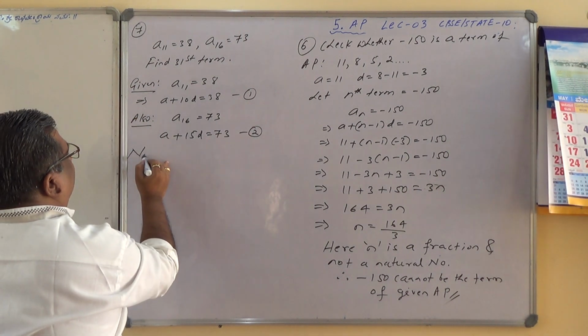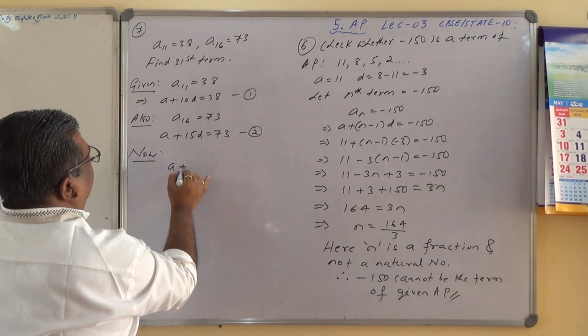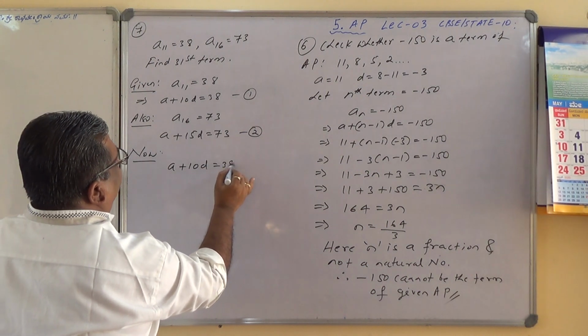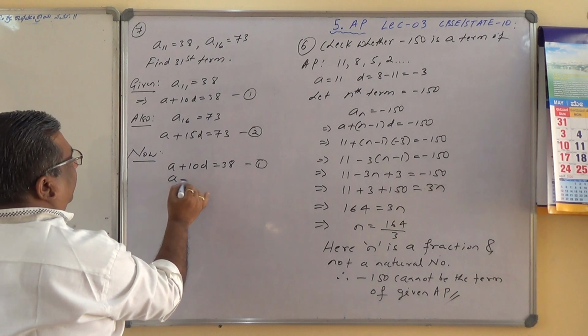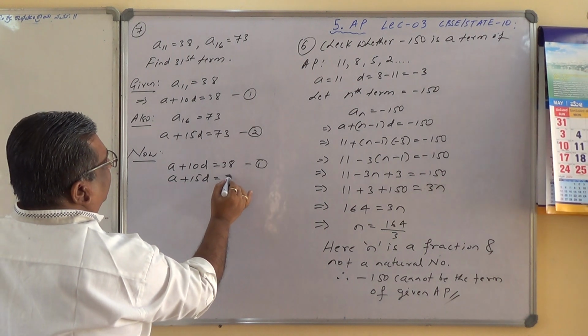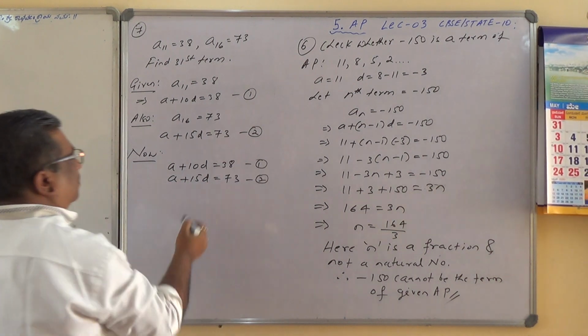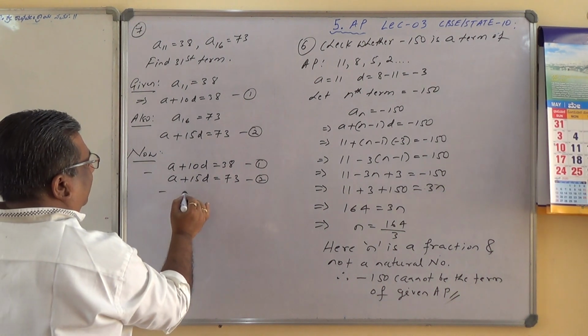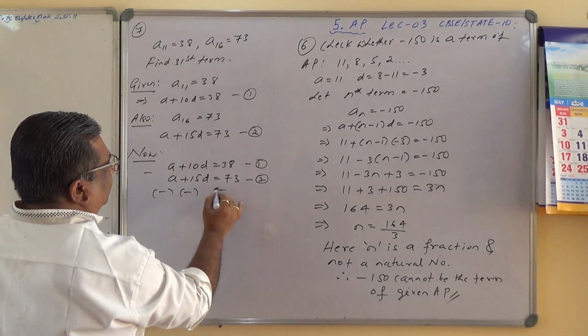So now, A plus 10D equals 38, which is 1, and A plus 15D equals 73. This is 2. So subtracting, you get minus here, and minus here.